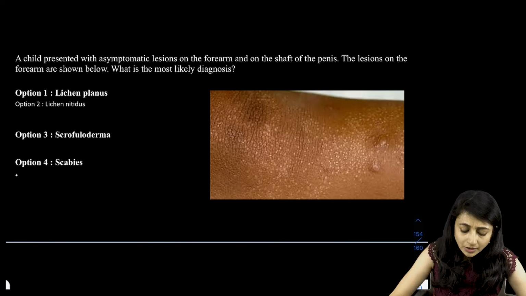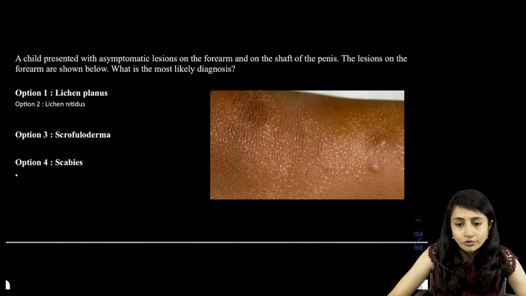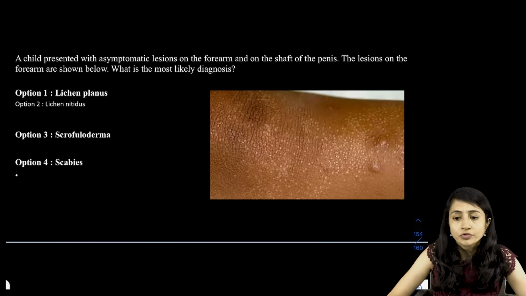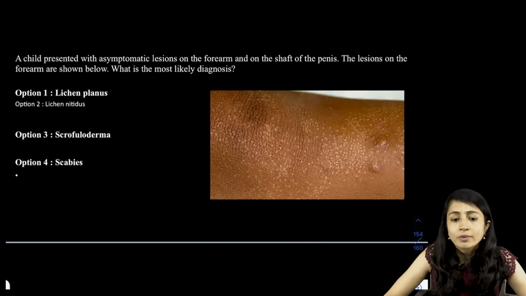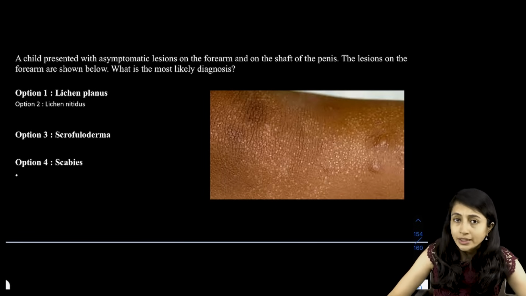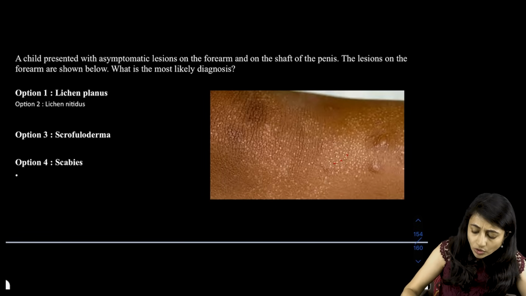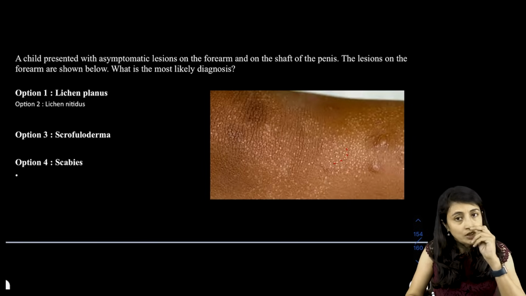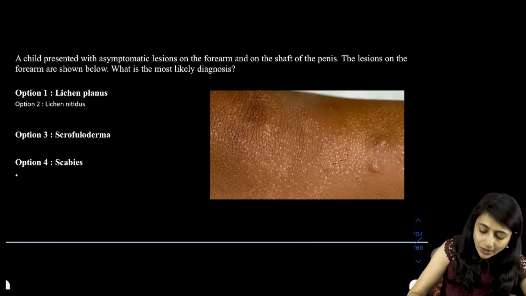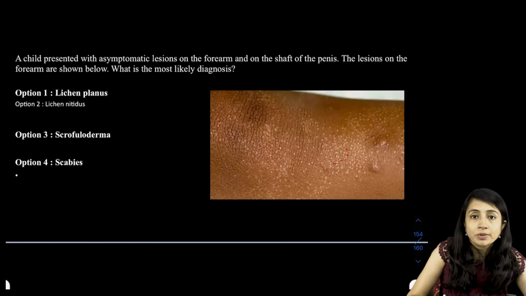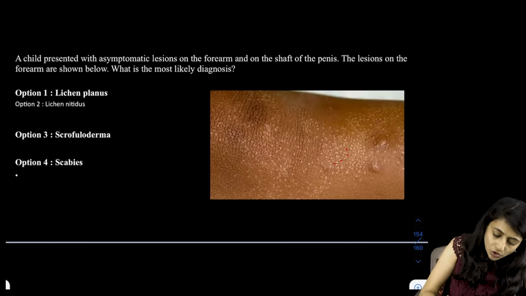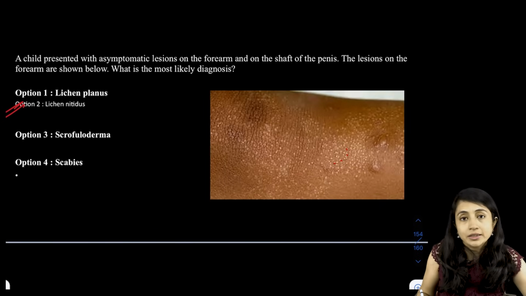A child presented with asymptomatic lesions on the forearm and on the shaft of the penis. The lesions on the forearm are shown below. Which is the most likely diagnosis? Now, here you see a lot of shiny papules which are asymptomatic and present on the elbow and shaft of the penis. This is a condition called lichen nitidus.